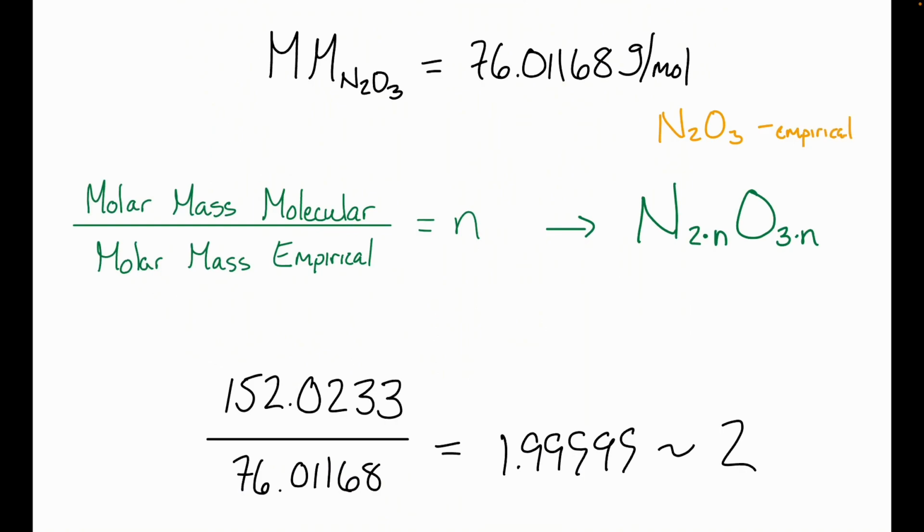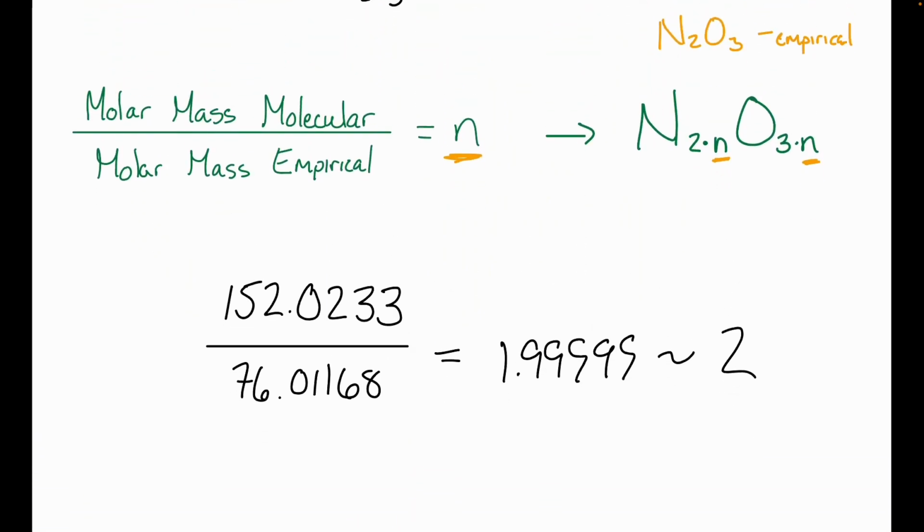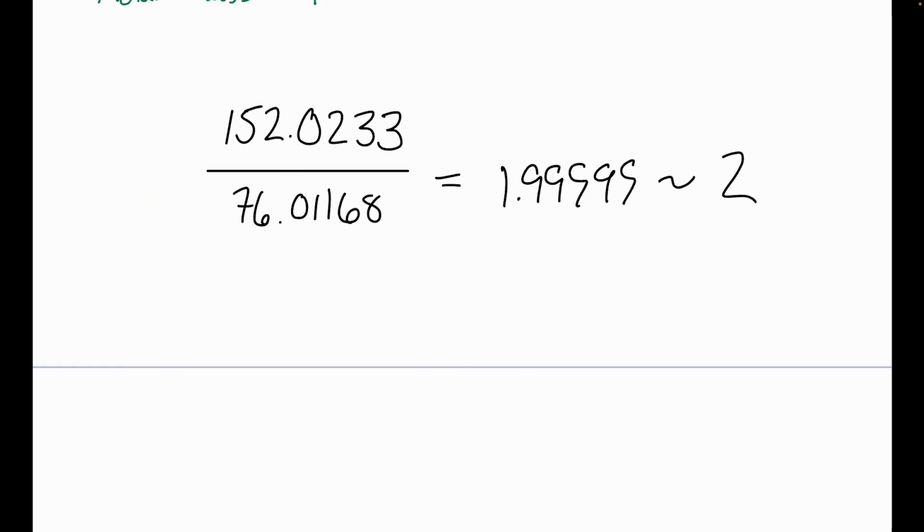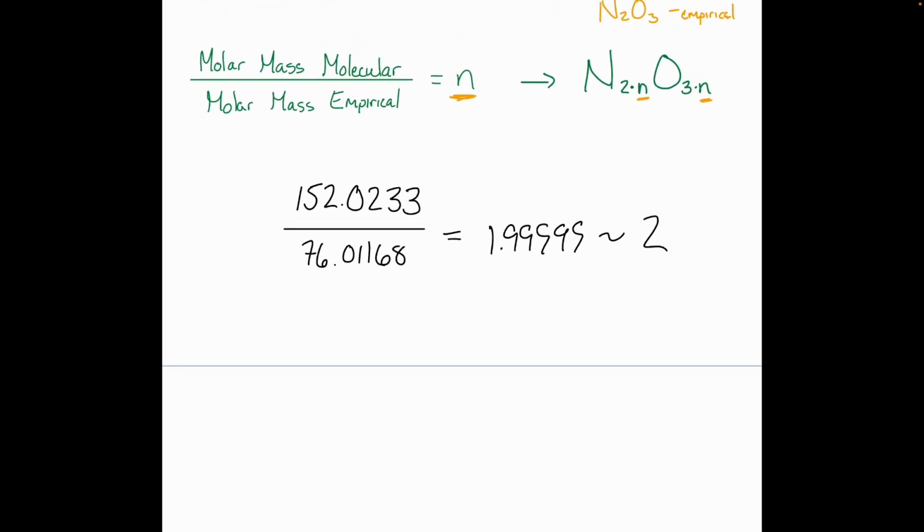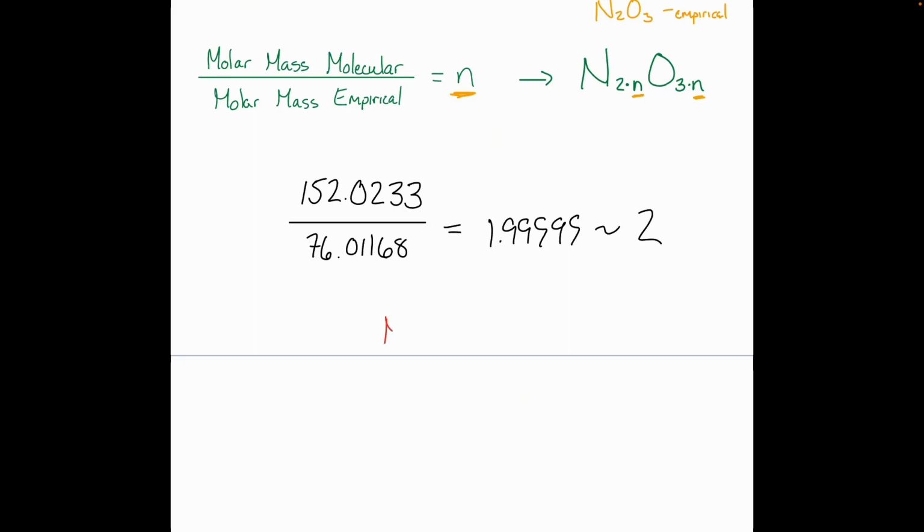So when I take my molar mass and divide it by the molar mass of my empirical formula, I get this whole number N. I'm going to update both of those subscripts by that value. So my molecular formula here is the N4O6.